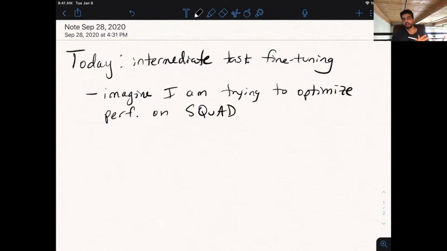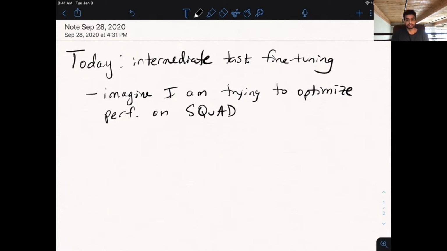And in Squad, you have a passage, you have a question about that passage, and you're trying to train a model to figure out what the answer span is. But so far, we've just assumed that we have access to a large unlabeled data set for pre-training, and we also have access to our downstream training data set, like the Squad training data set, right?